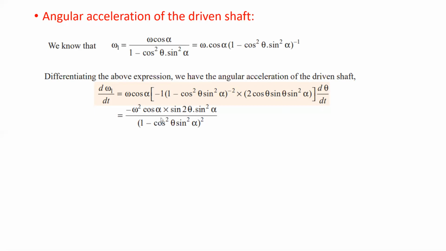In this way you will obtain the expression for angular acceleration, that is nothing but alpha 1, the angular acceleration of the driven shaft. Note it down and join back just for 5 to 10 minutes more.